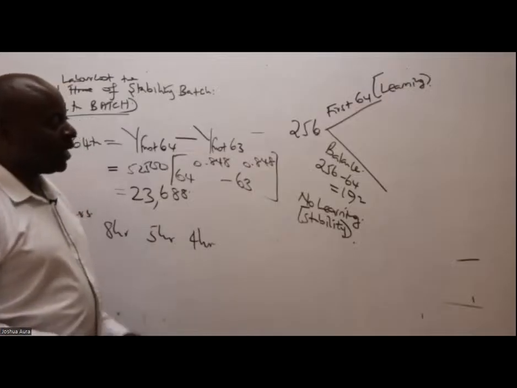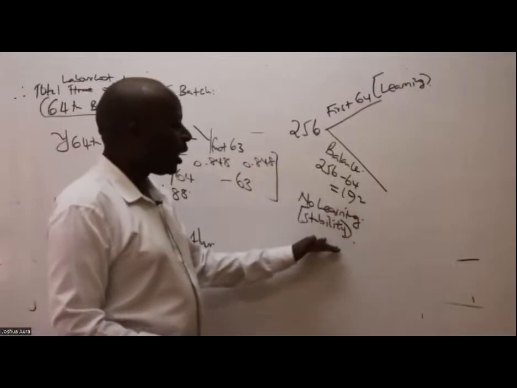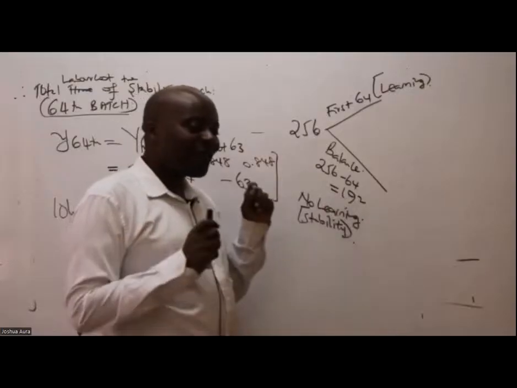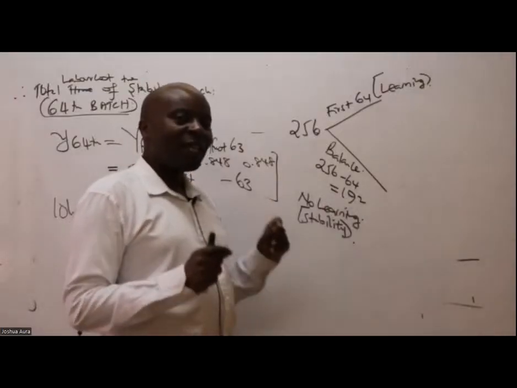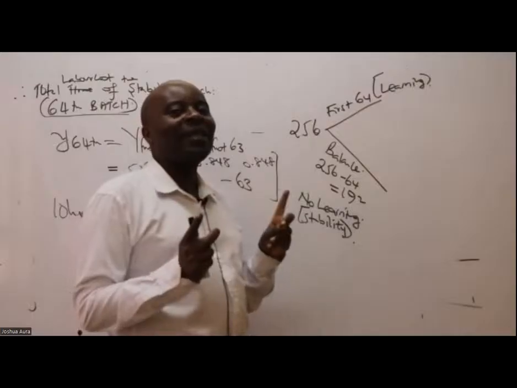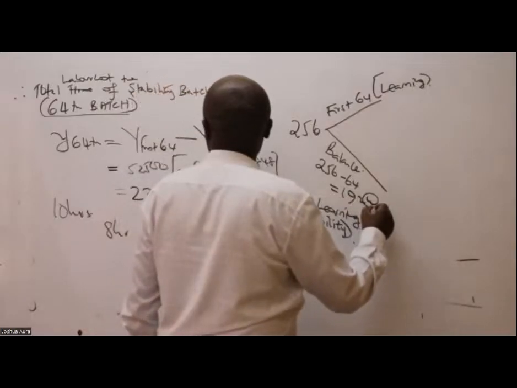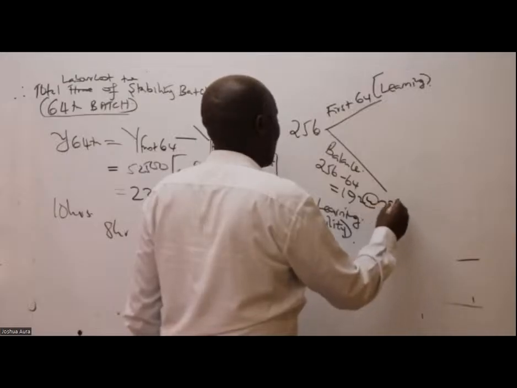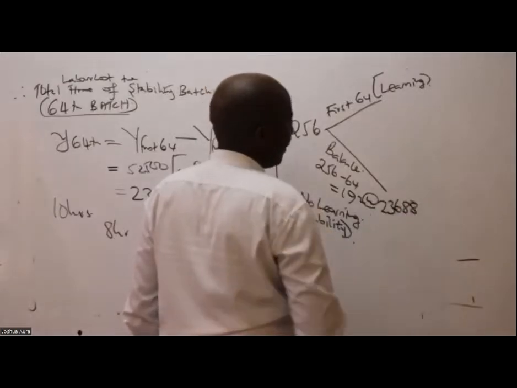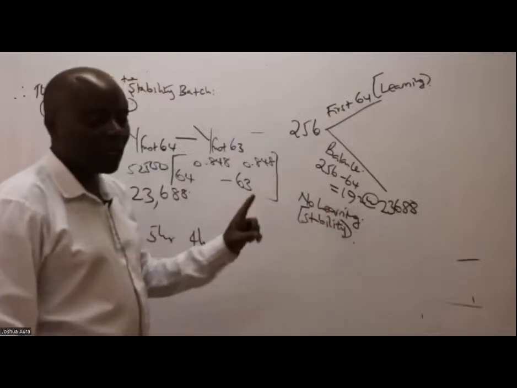What does that mean? That after we stabilize, these 192 batches, each one of them will take the stability cost, 23,688. Each one of these, after you've stabilized.